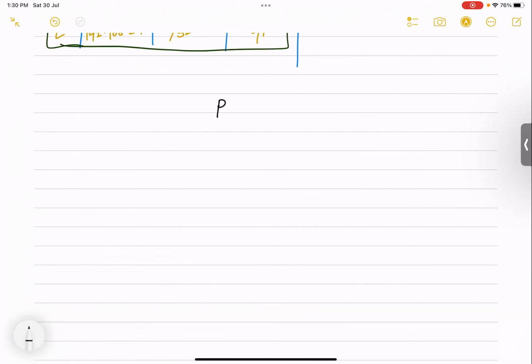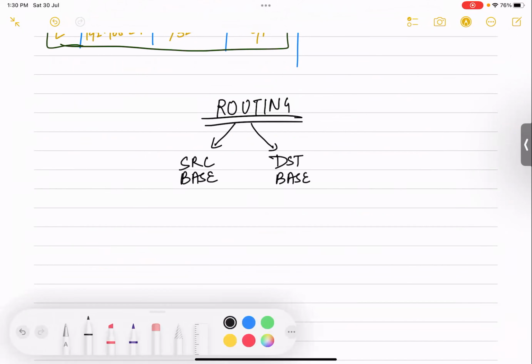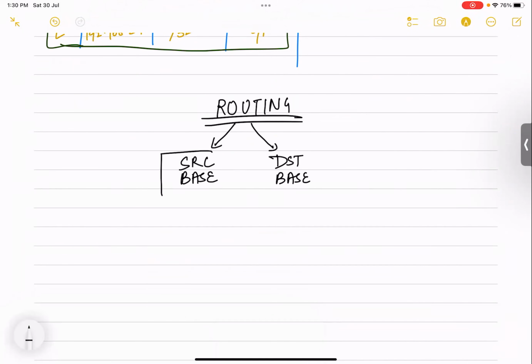Basically, routing we can perform in two types: source based and destination based. What is the difference between source based and destination based?